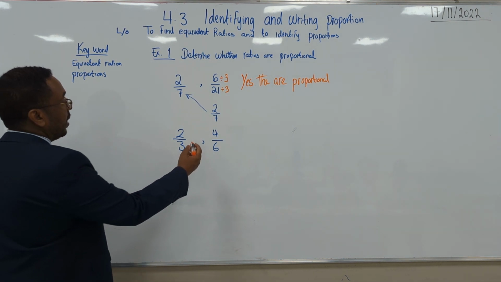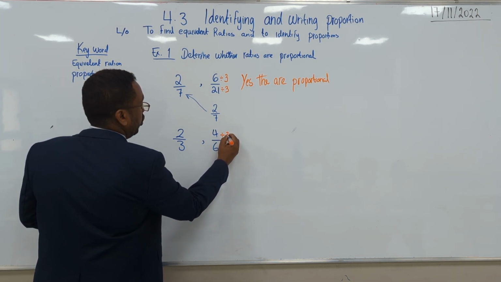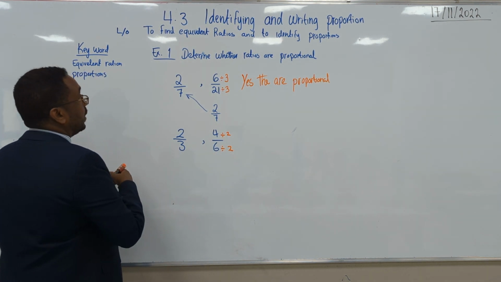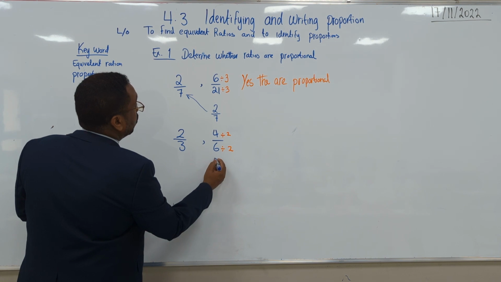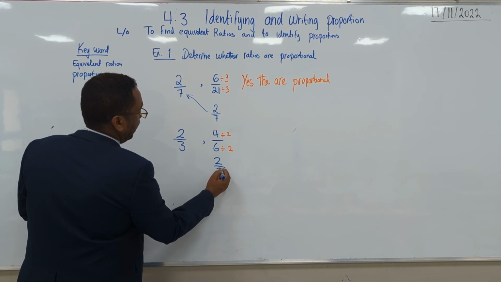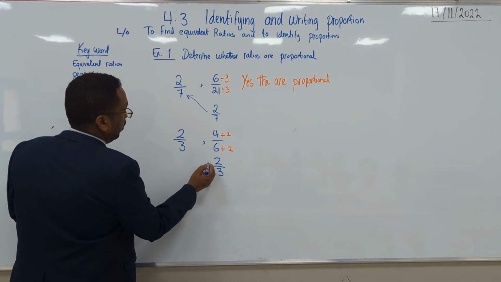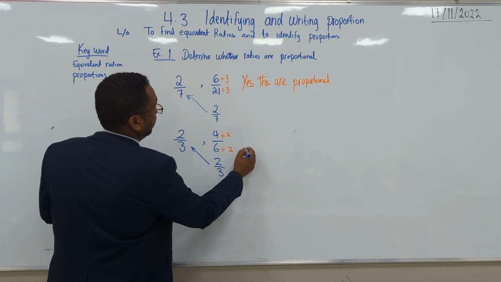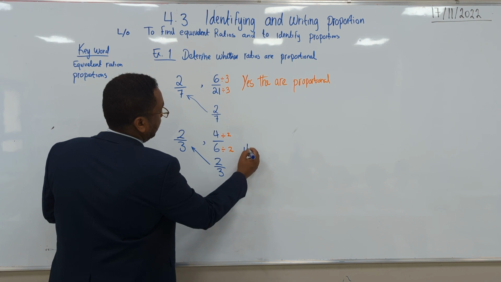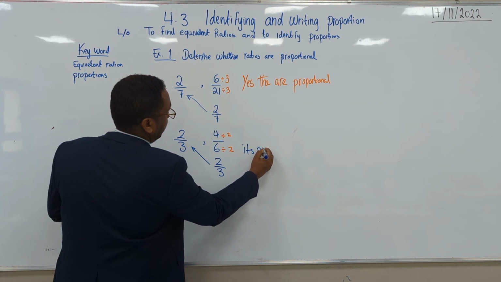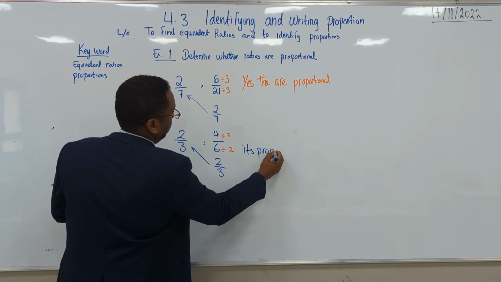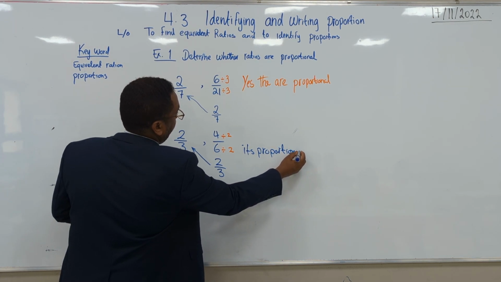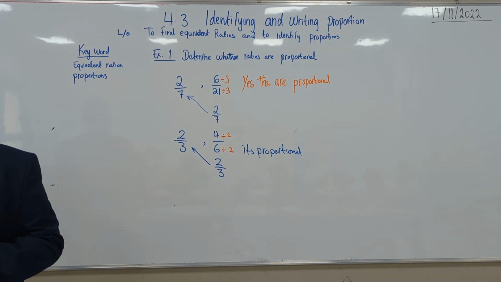We can divide here by 2, and divide here by 2, which will give us 2 over 3, and then we have it here. So that will be, yes, it's proportional. Do we get that? Yes. Great.